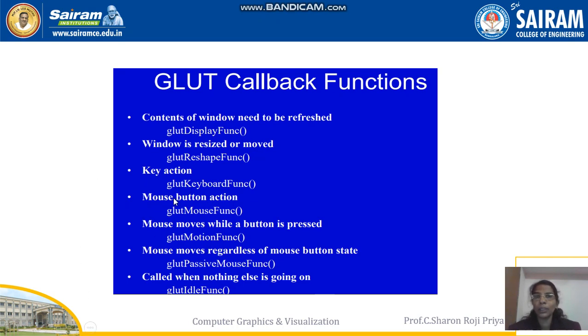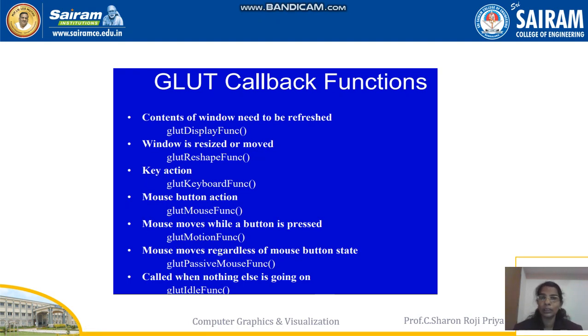Similarly, when I click a mouse, a mouse event happens and the corresponding callback function is glutMouseFunc. And the next event is the mouse moving while the button is pressed. I'll be holding a mouse button and dragging it. The corresponding callback function is glutMotionFunc.